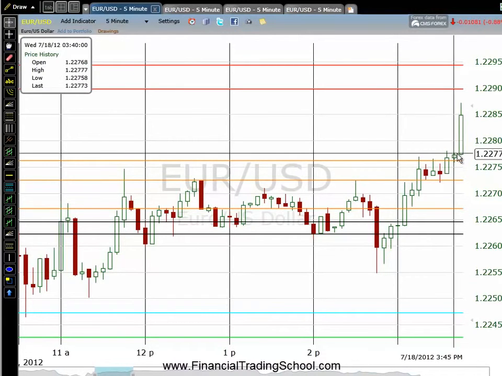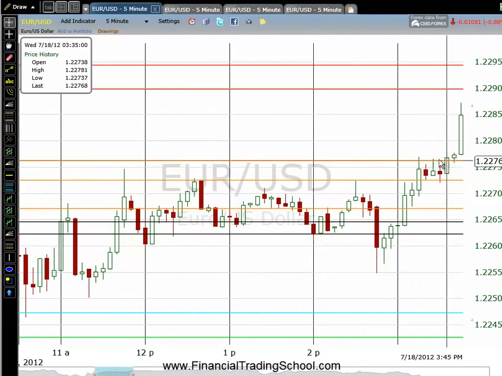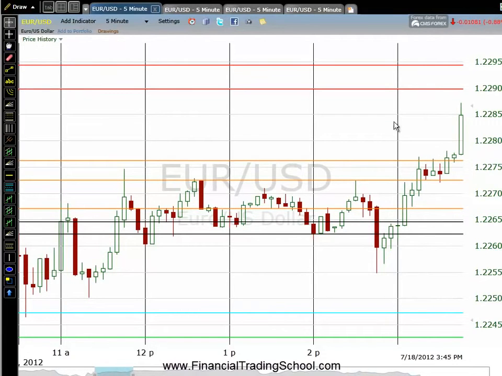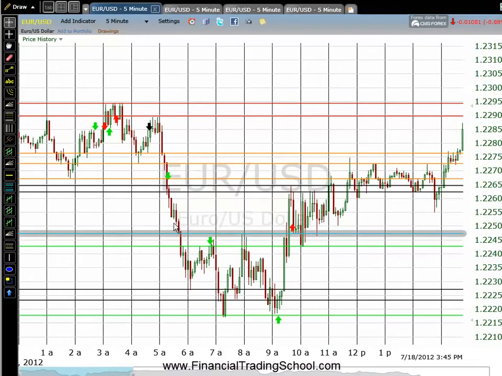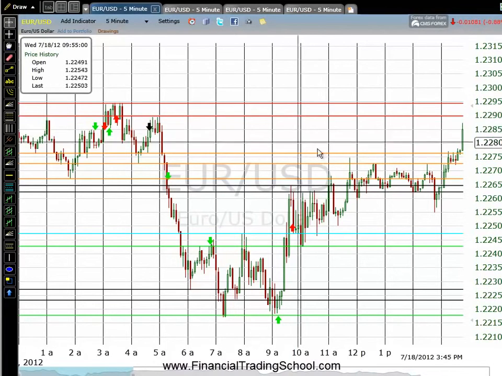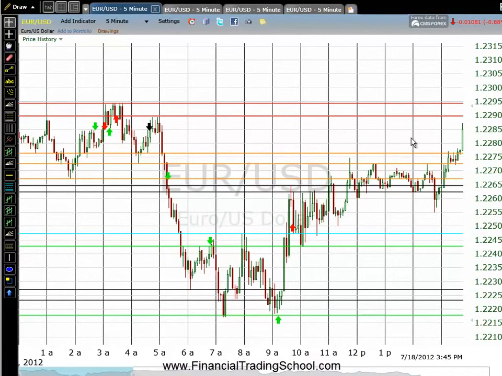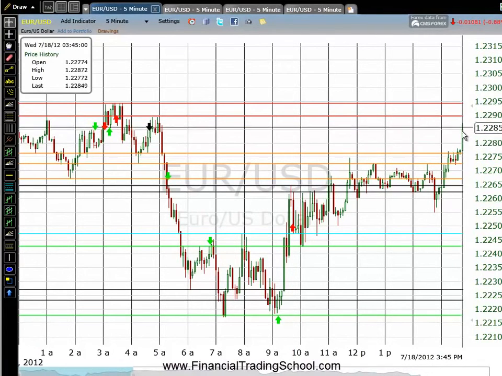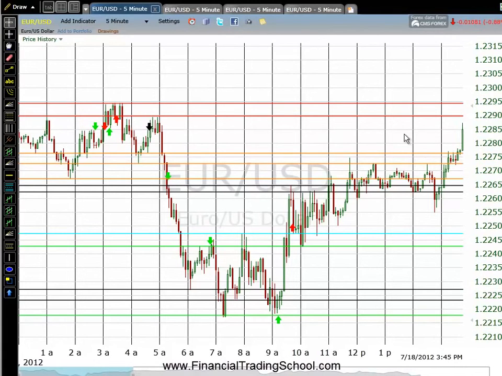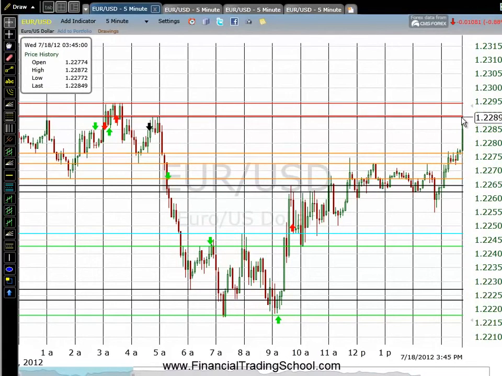But based on this level being broken, the thing with support resistance levels, you notice we have zones here, zones up there, and in the middle you have no lines. That means it's just empty space, and you can see by this green bar it just goes up, right? And that's the whole point of empty space. It just goes up until the next level.